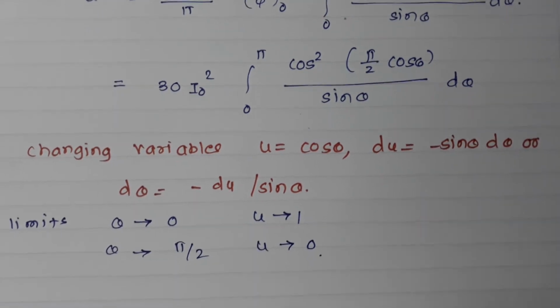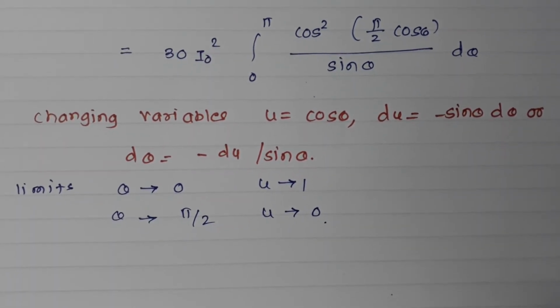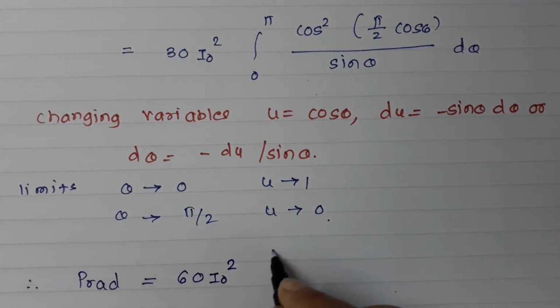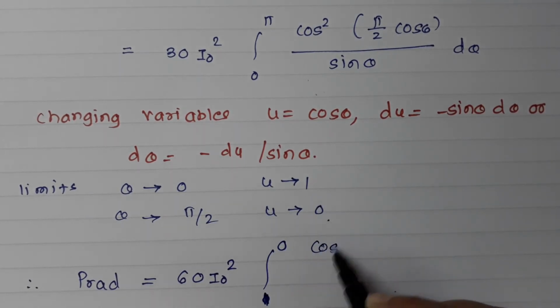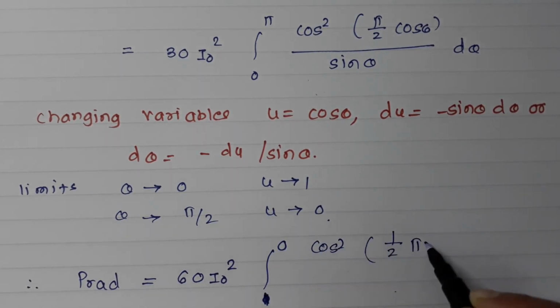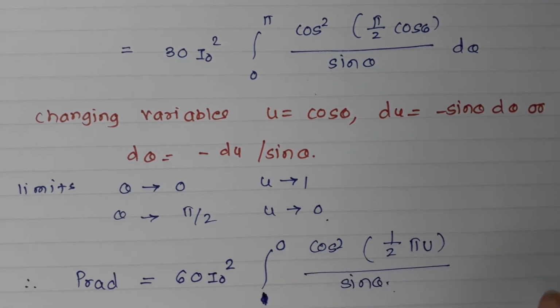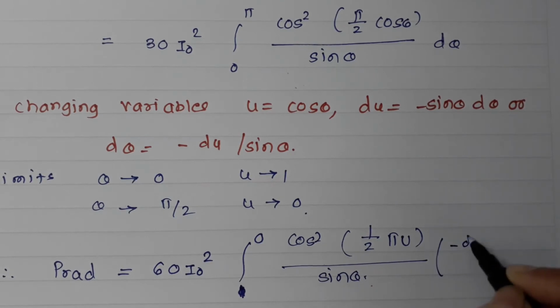So let us put all these things in my equation. Therefore radiated power is equal to 60 I0 square 0 to 1 cos square (1/2 pi u) divided by sine of theta, minus du sine of theta.